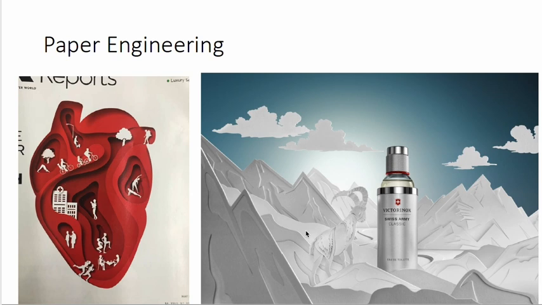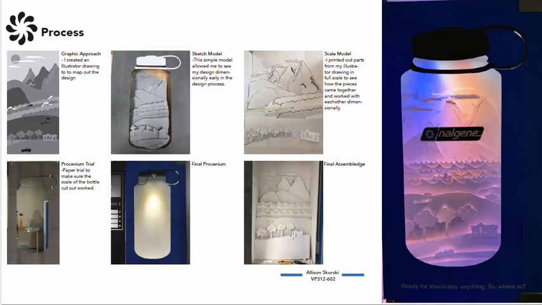Last semester, we in the Studio 1 class had this cutting of the cube project. So some of the students used this sort of paper engineering method for their cube project. And another example of paper engineering.